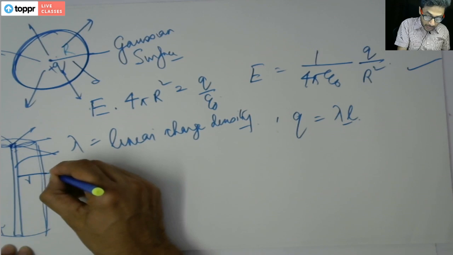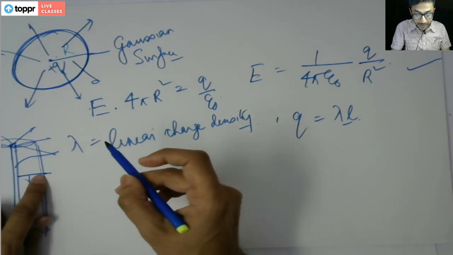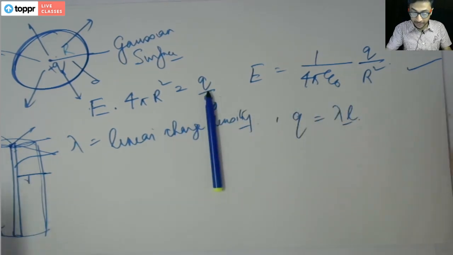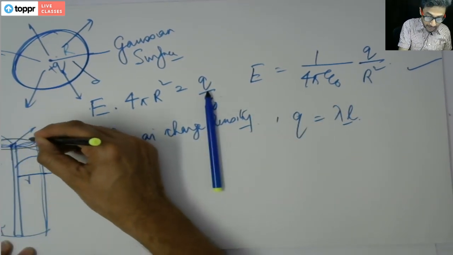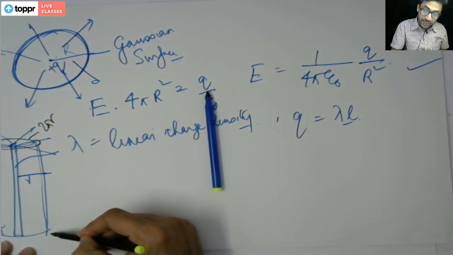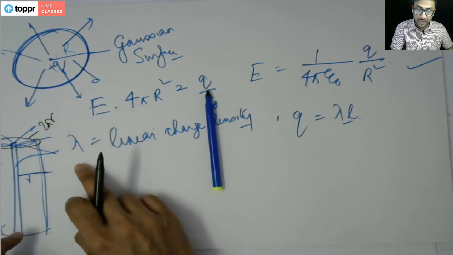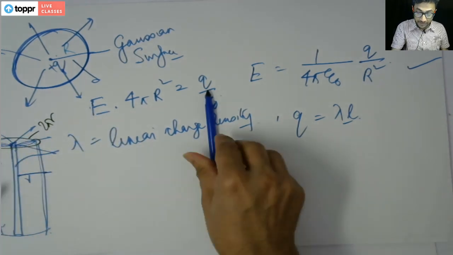The perimeter is 2 pi r, into the length L, which gives the surface area through which the electric field comes out.